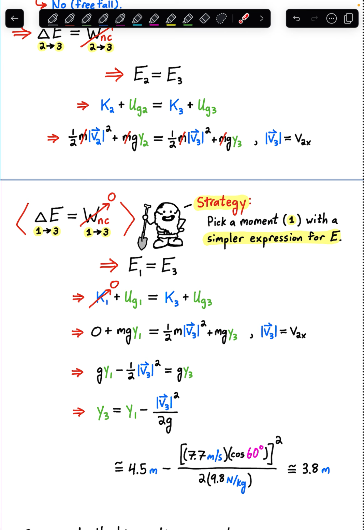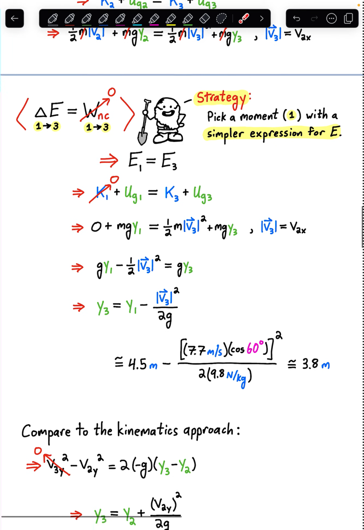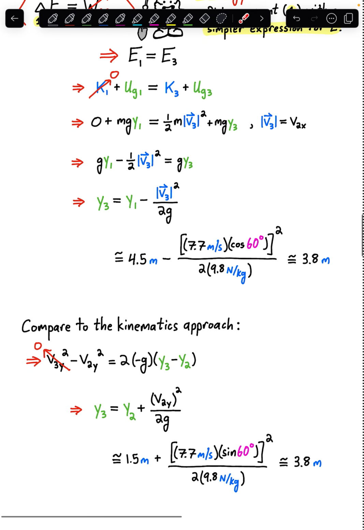I want to compare this back to the kinematics approach. We wrote down this equation earlier, this constant acceleration equation for the y direction. We could rearrange this to solve for y3 and get a similar expression, plug our numbers in, and of course find the same answer. So we can solve for y3 either using kinematics or using energy.